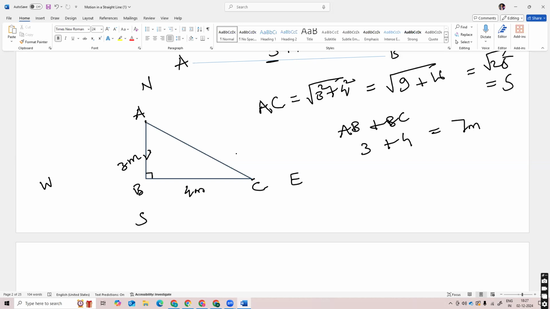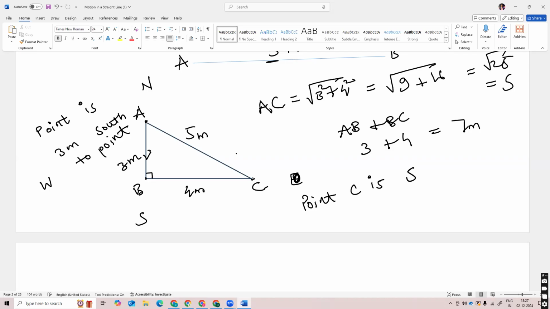If a person has traveled from point A to point B, then we can say that point B is 3 meter south of point A. Or if we have to say about point C, the displacement between A and C was 5 meter.